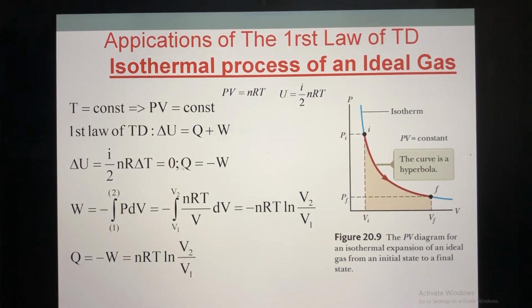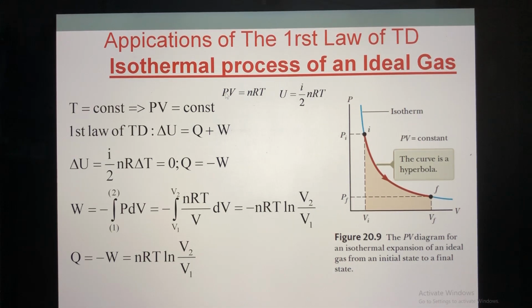Next, if I want to calculate the heat, firstly, I have to calculate the work. Okay, so how do we calculate the work? This one is the formula for the work. In this case, because P is not a constant, I cannot move it out from the sign of integration. Actually, I calculate P depending on V by this equation for ideal gas.